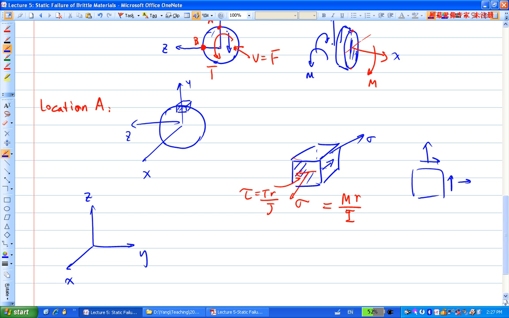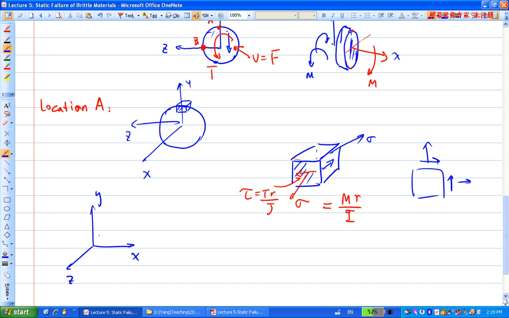That makes sense, right? Just a second here. Let me draw it slightly different because of the orientation. So this is my Z, this is my X, this is my Y here. Basically, we slightly rotate this coordinate system a little bit.